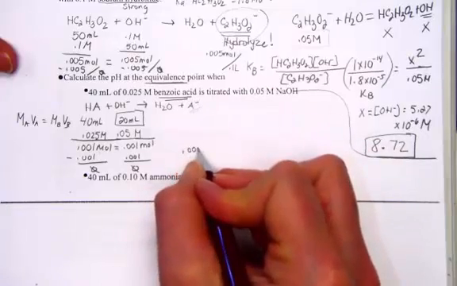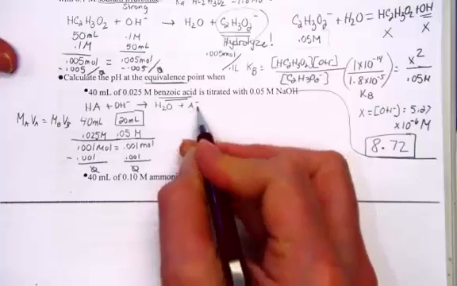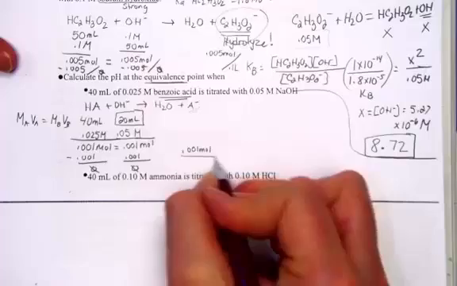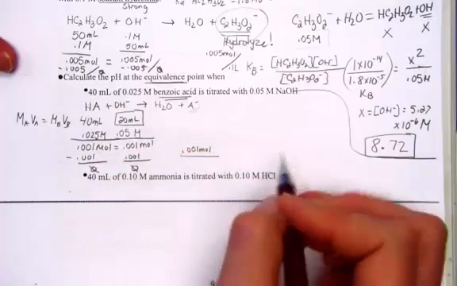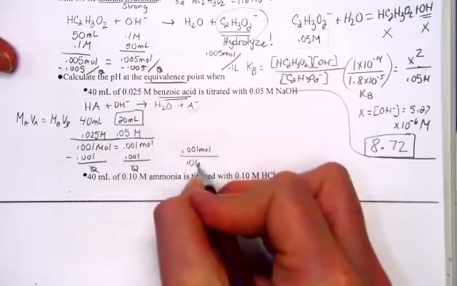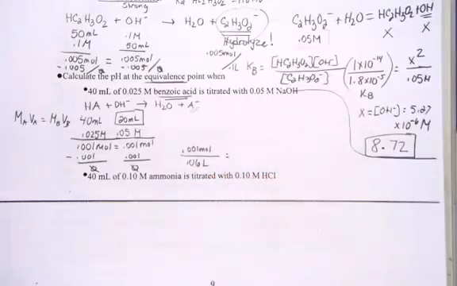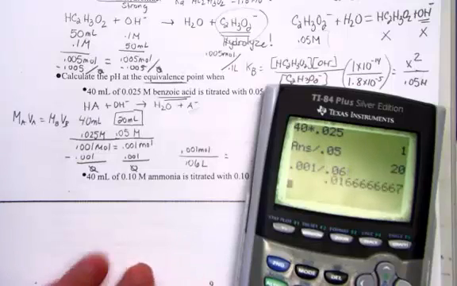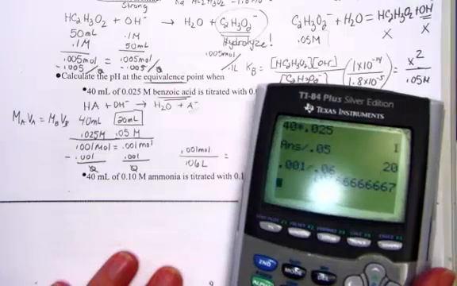And we produced 0.001 moles of this conjugate base, A negative, called benzoate, in a new combined volume of 60 milliliters, or 0.06 liters. When we hit 0.001 mole divided by the 0.06 liters, we find the molarity of 0.167.